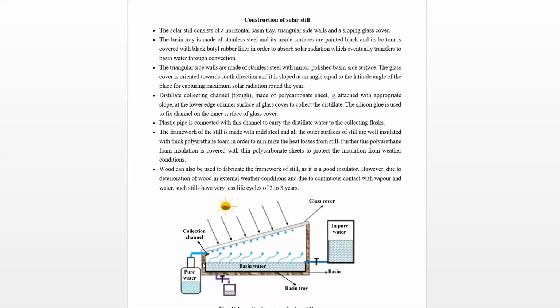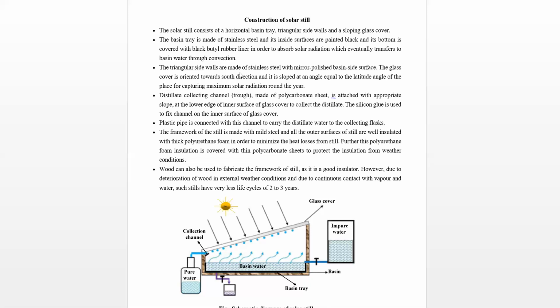So most of the energy, when it strikes on these sides or the bottom of this basin, gets converted to heat, and then this heat is eventually transferred through the convection process, right? So this basin tray becomes heated because it has all the black surfaces. So heat from this basin tray is transferred to the basin water through a convection process. So this is how the temperature of the basin water rises, right?